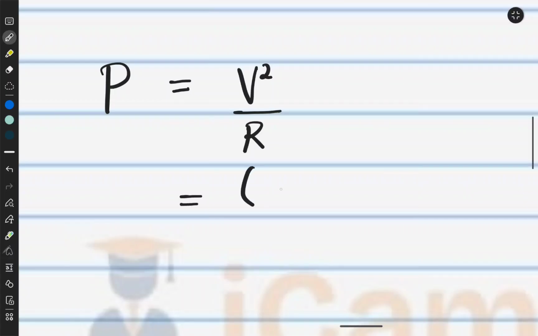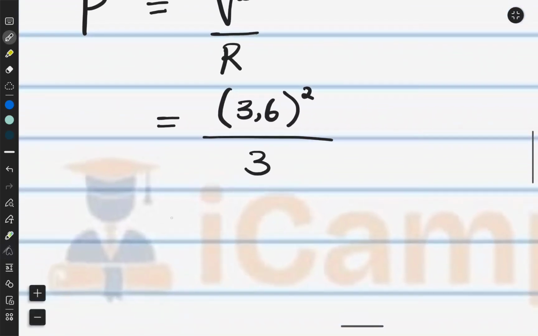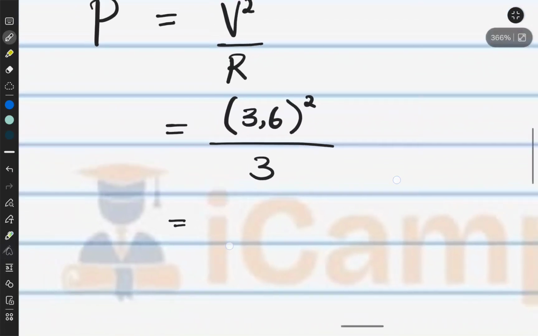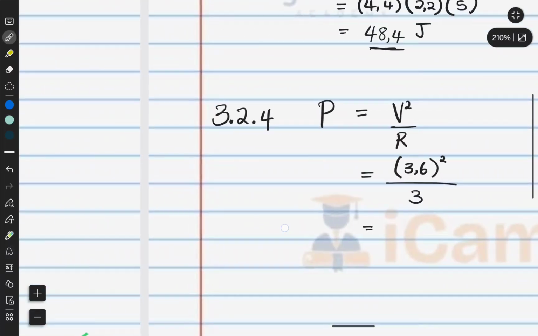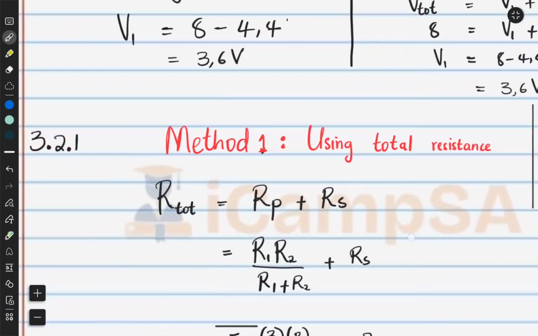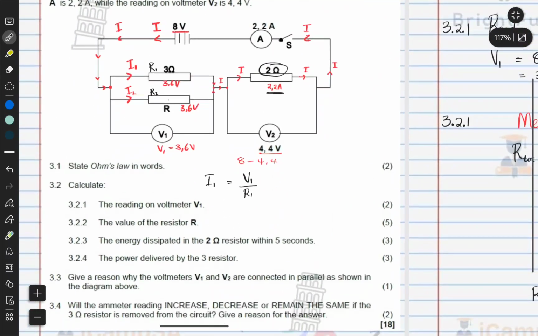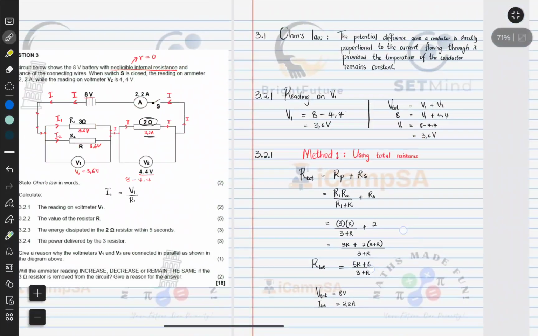So my voltage is 3.6. I square that. My resistance is 3, because it's a 3 ohm resistor. So what power do I get? They only wanted power, right? Power delivered by the 3 ohm resistor. Yes, just power.